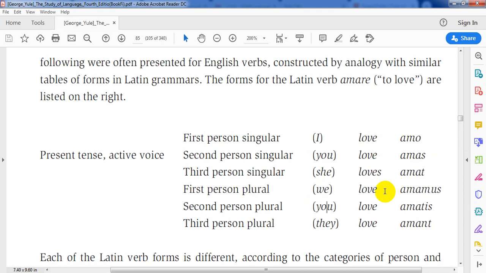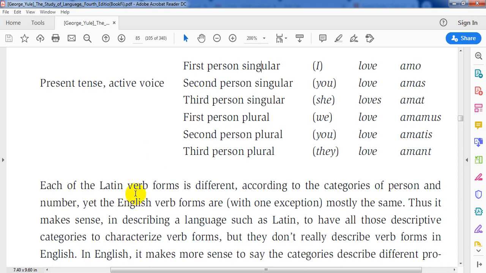So it is another way of saying that the traditional or old description, the Latin and Greek description, is not always suitable for the English language.